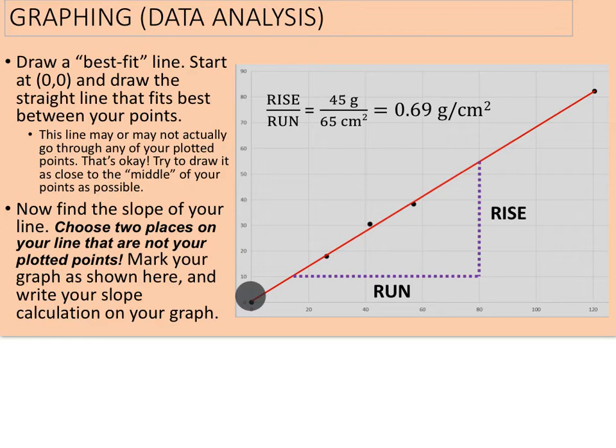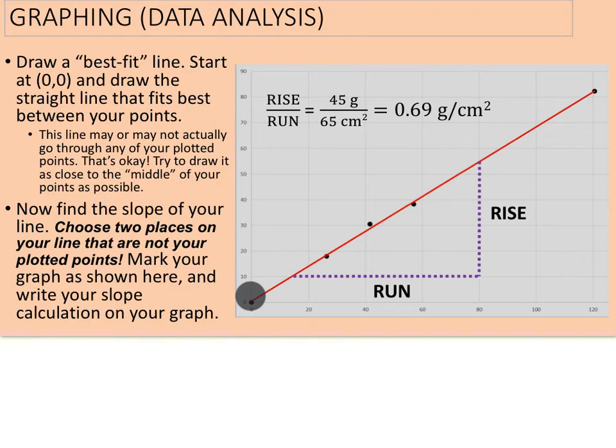Your goal is to make it go as close to the middle of your 4 points as you can. You can see in my example here that some of the points are not actually on the line. It happens to end right at the first one, and that's okay too. But you can see that we've got a little above and a little below my best fit line.